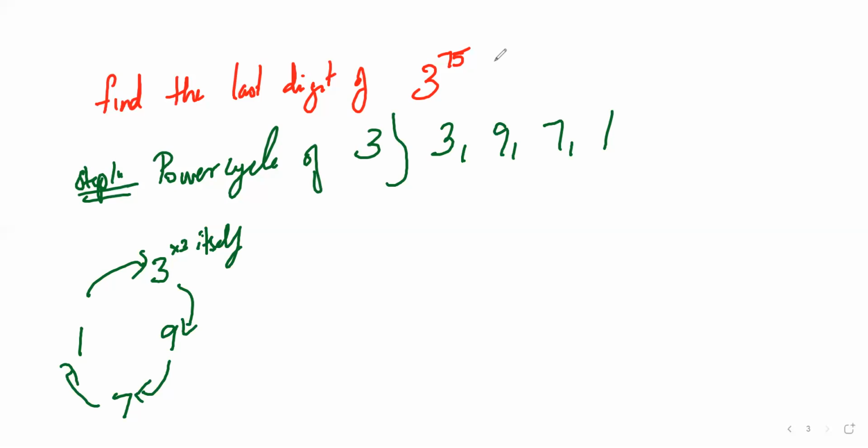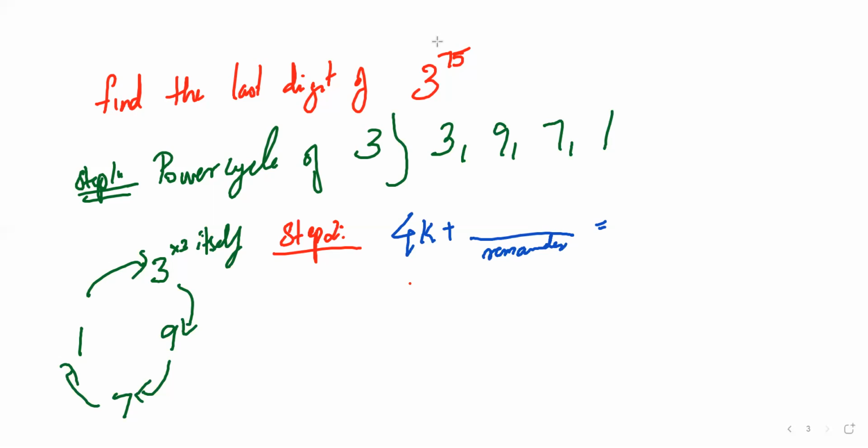Okay. Step number 2. What is my step number 2? This rule is common for everything. What is it? 4k plus remainder. 4k plus dash is equal to what? The power.